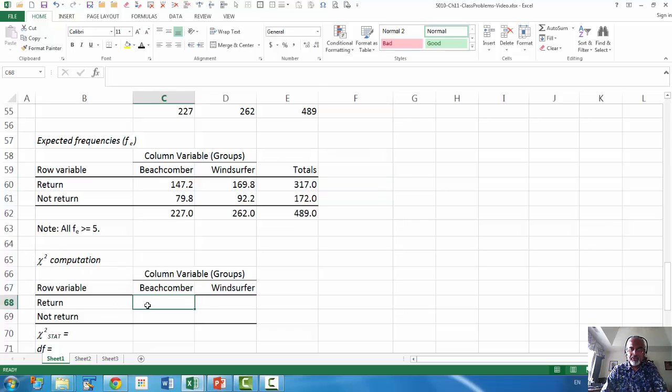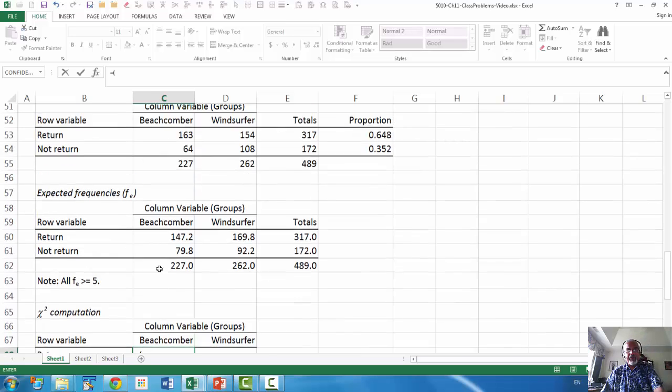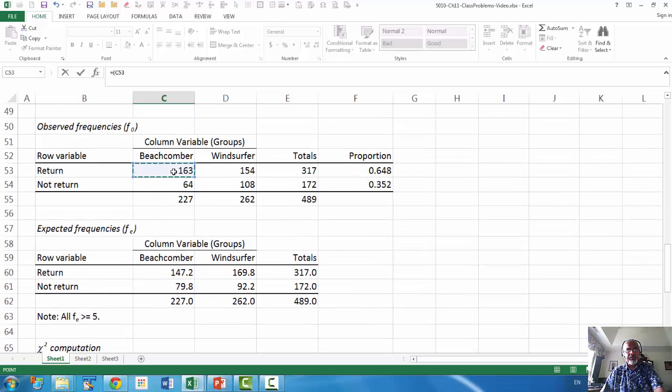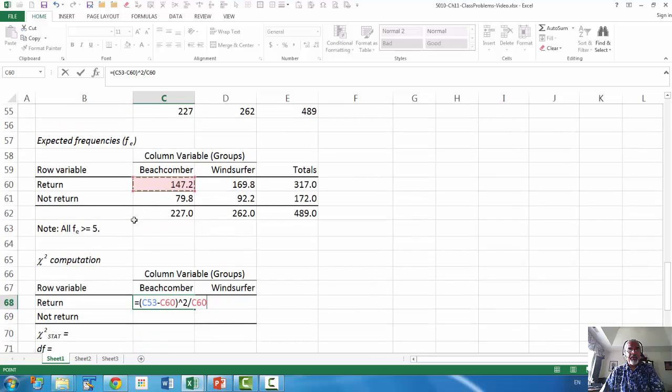The chi-squared value is the observed frequency minus the expected frequency, squared, and then divided by the expected frequency.